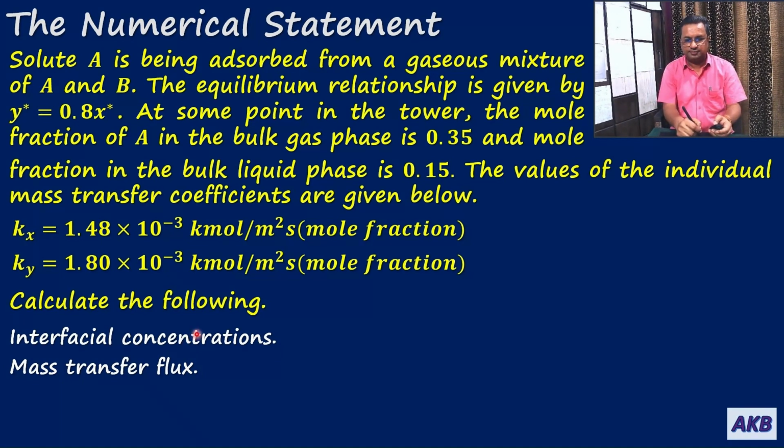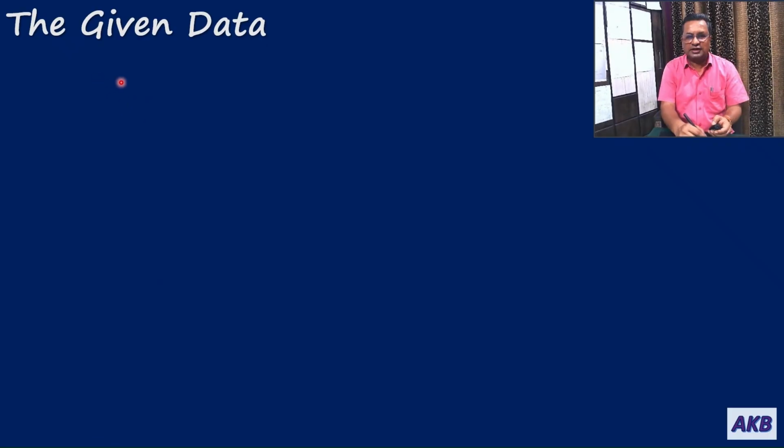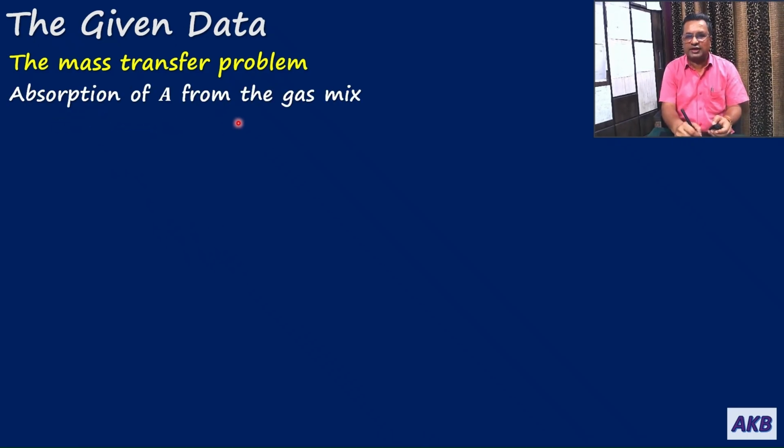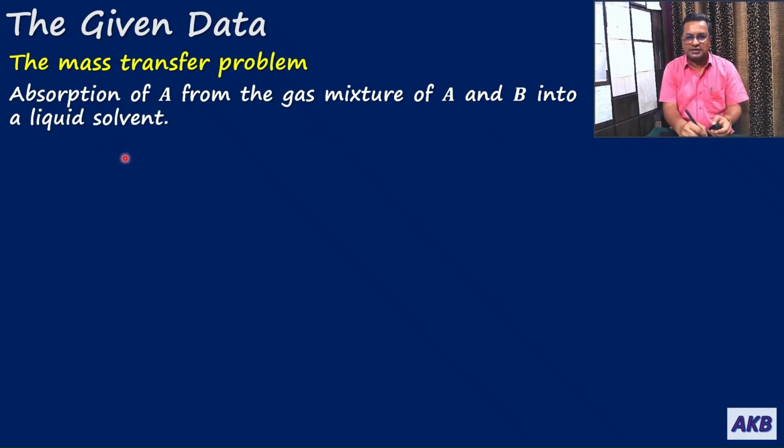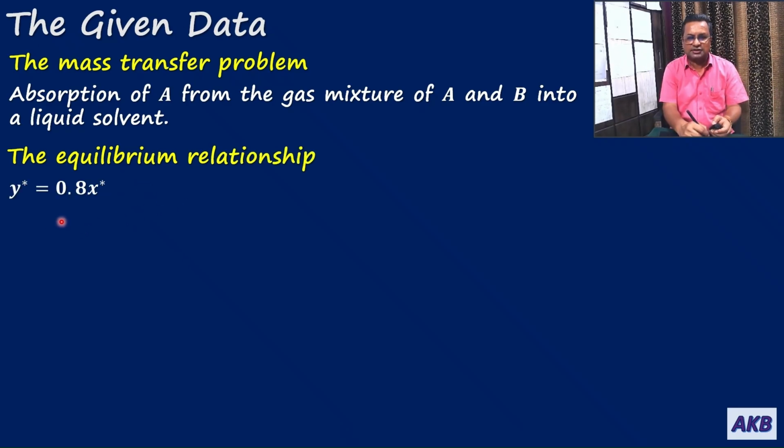Let us move ahead. First of all, we will list the given data. The mass transfer problem is absorption of A from the gas mixture of A and B into a liquid solvent. The equilibrium relationship is y star equals 0.8 into x star, where y star is the mole fraction of A in the gas phase, x star is the mole fraction of A in the liquid phase, and x star and y star are in equilibrium with each other.